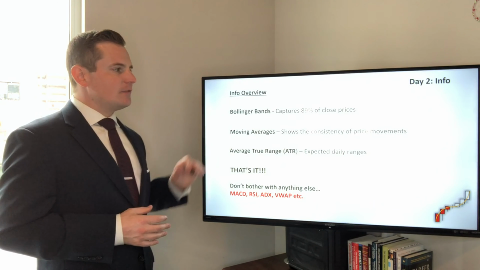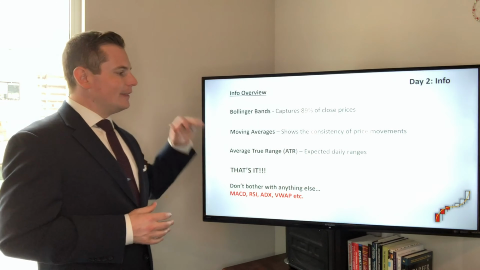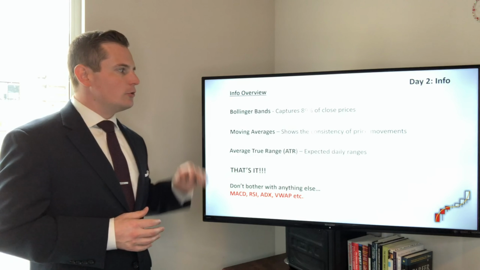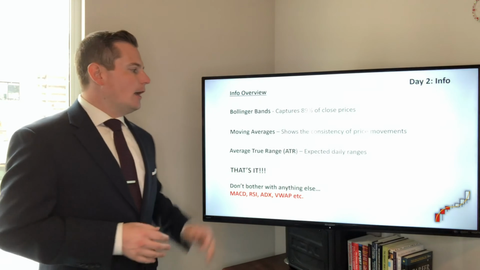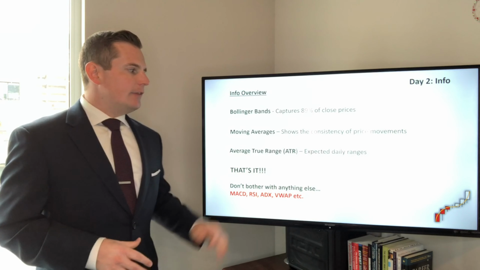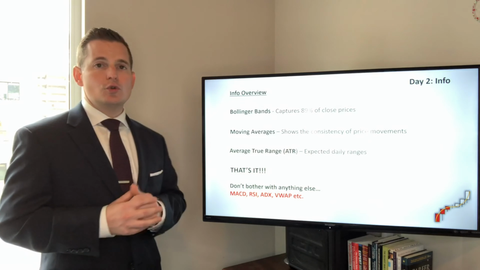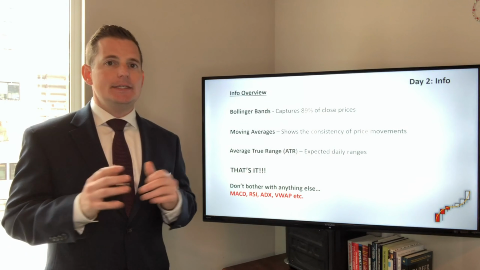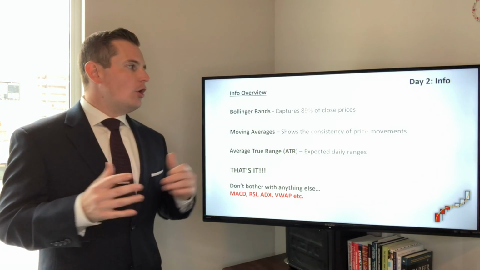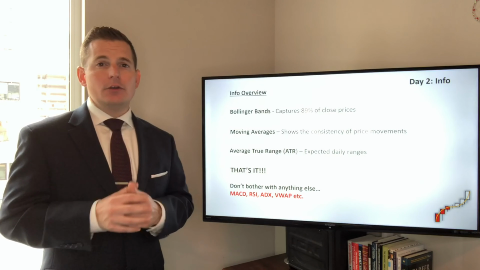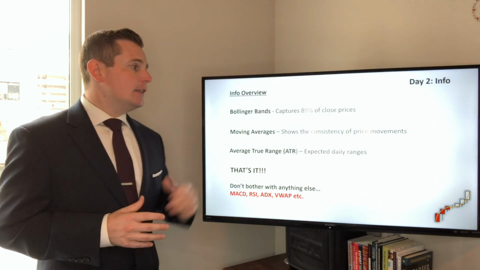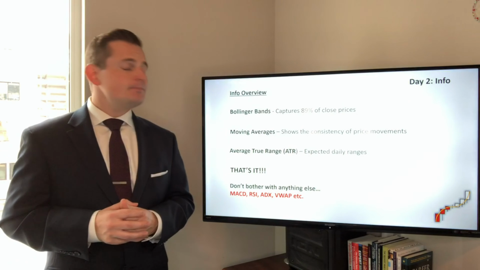The key pieces of info that I want to highlight are these 3 pieces right here: the Bollinger Bands, the moving averages, and the average true range, called the ATR. These are all important indicators and overlays that we can put on the charts.